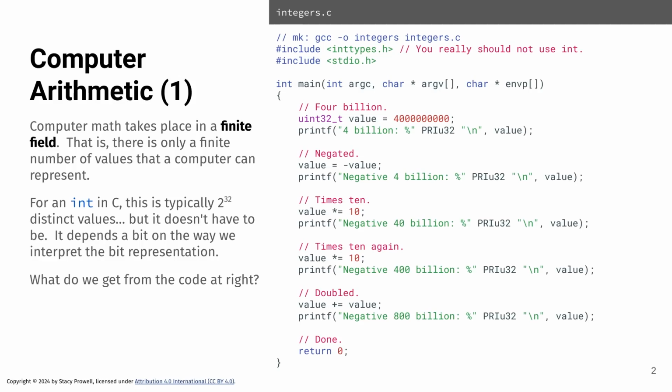For example, an int in C is typically 32 bits long, and so that can take on 2 to the 32 distinct values. Now, we can decide how we want to map those to numbers. If we wish, we could map them to characters or something else, but if we want to map them to numbers, clearly, we'd like to have the widest range possible.